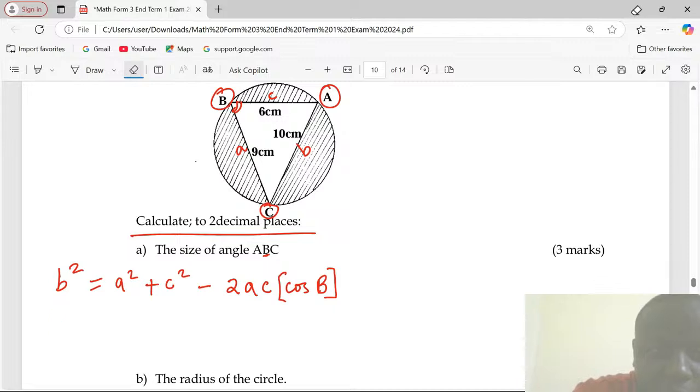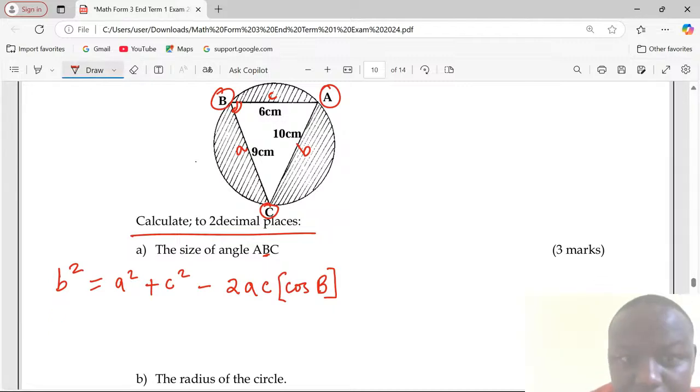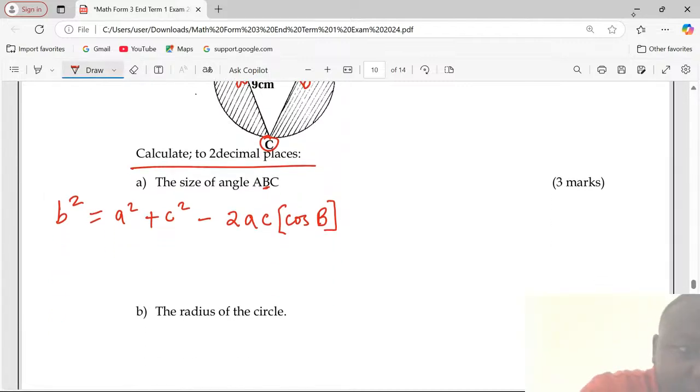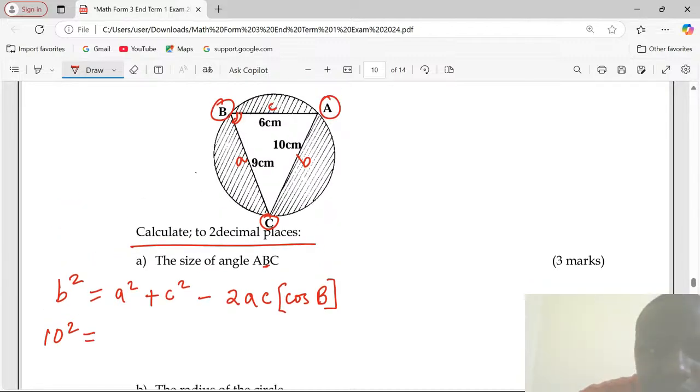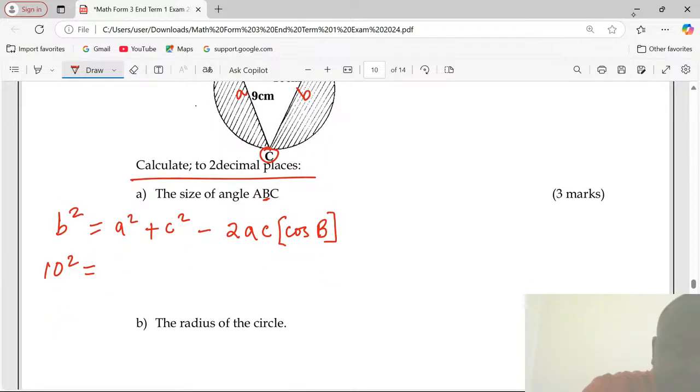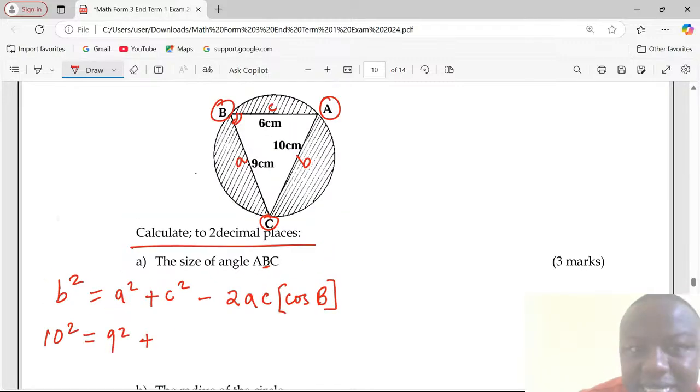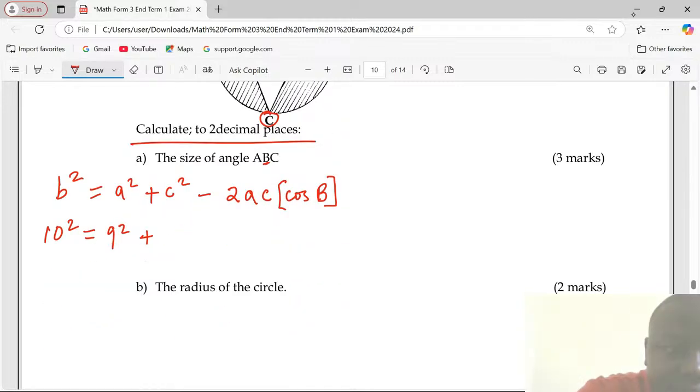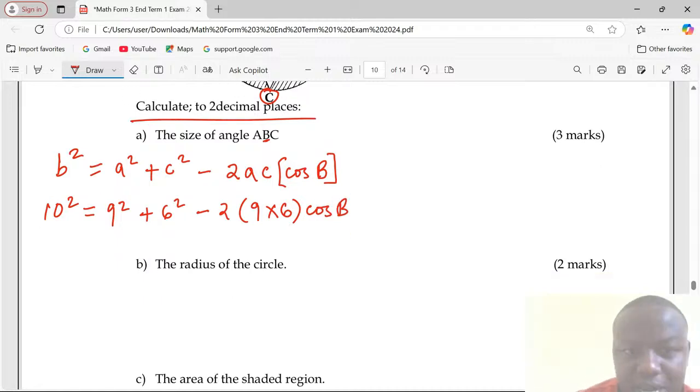So b is 10 squared equals a, which is 9 squared, plus c, which is 6 squared, minus 2ac cosine of the unknown angle at B.